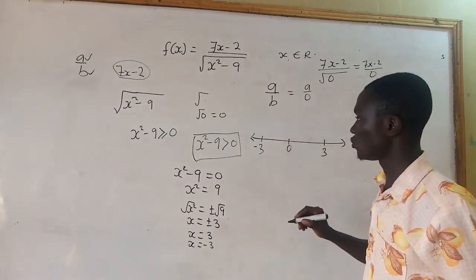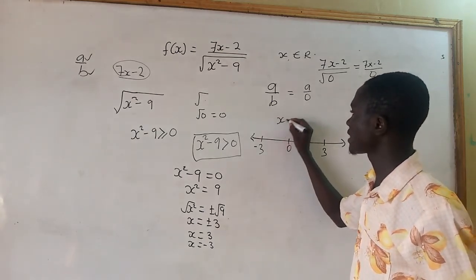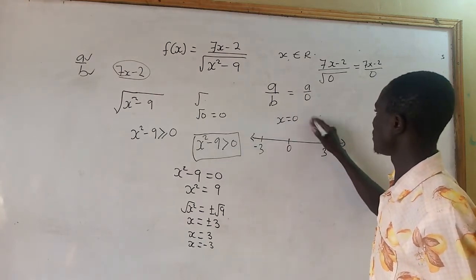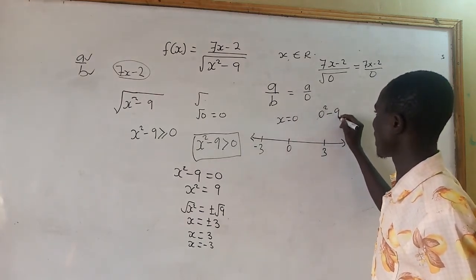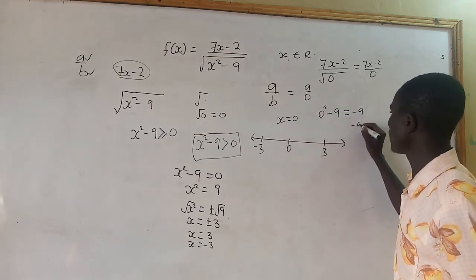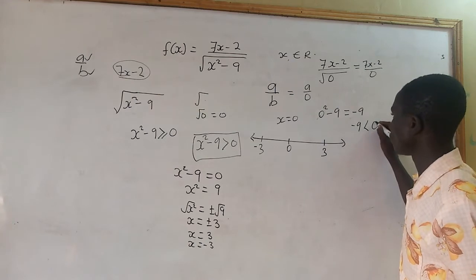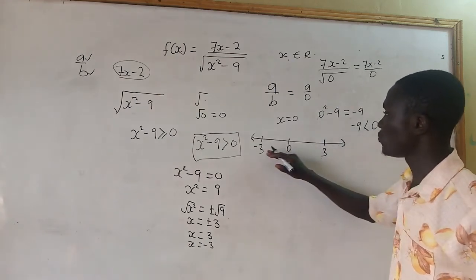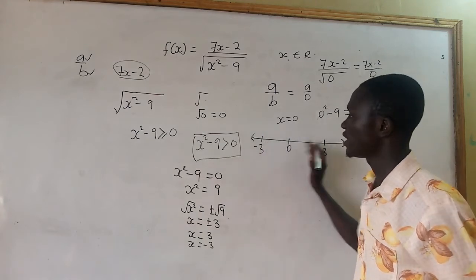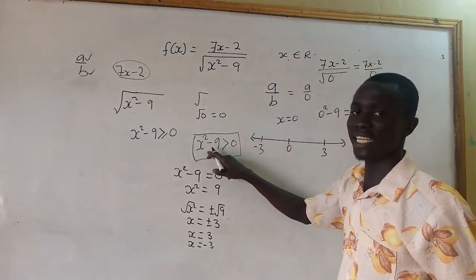So we are going to consider 0. If we consider x equal to 0, we are going to have 0 squared minus 9, which is equal to negative 9. And negative 9 is less than 0.